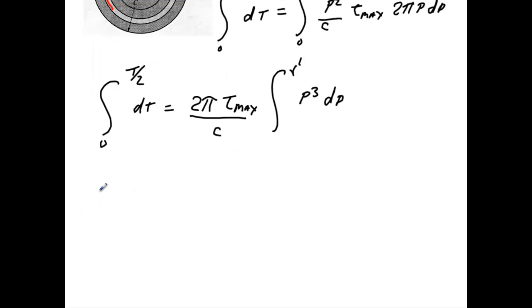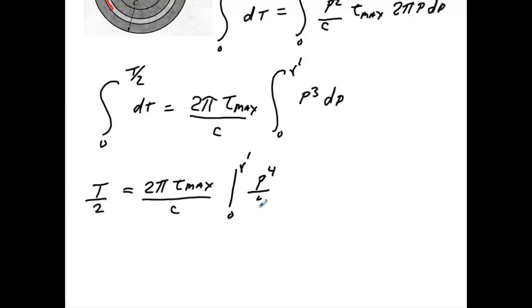Okay, so when we integrate this, we will get t over 2, and then minus 0, so we can leave that out, is equal to 2 pi times t max over c, of 0 to r prime, of p to the 4th over 4.